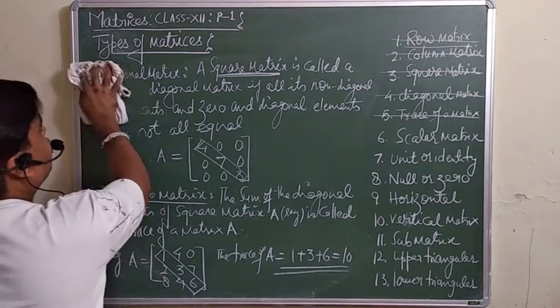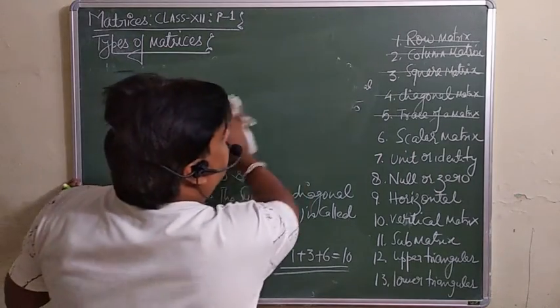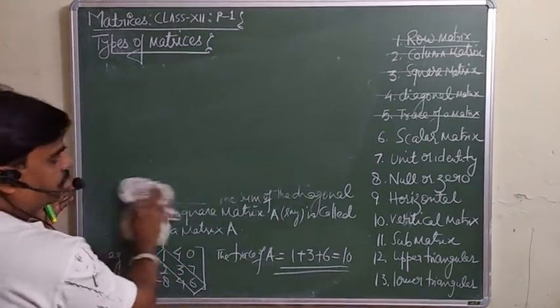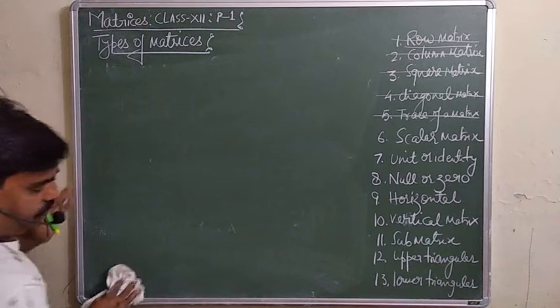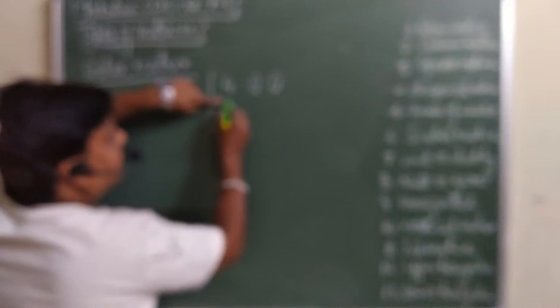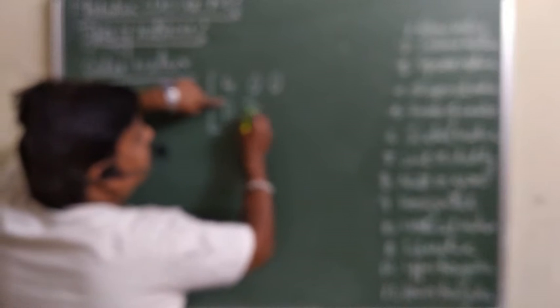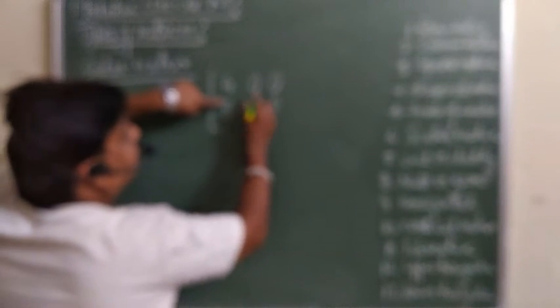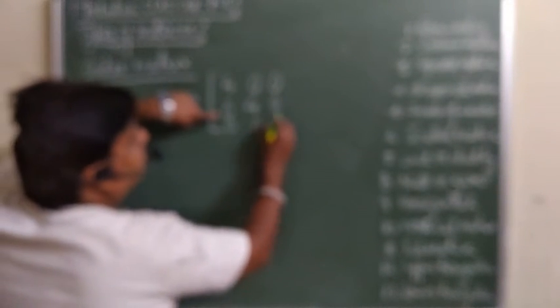A scalar matrix is a square matrix, no doubt at all. In a scalar matrix, the diagonal elements should not be 0, and the rest of the elements should be 0, like here where you are taking 4, 0, 0, 4.